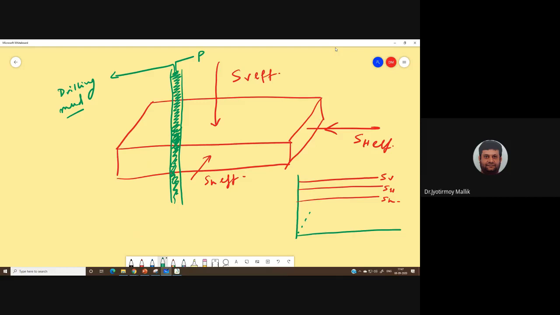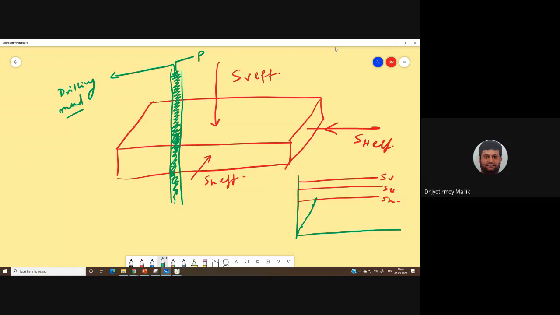Okay. Now there will be a point when this particular pressure will cross S small h. What does this mean? As I said, the fluid pressure acts opposite to the stresses.